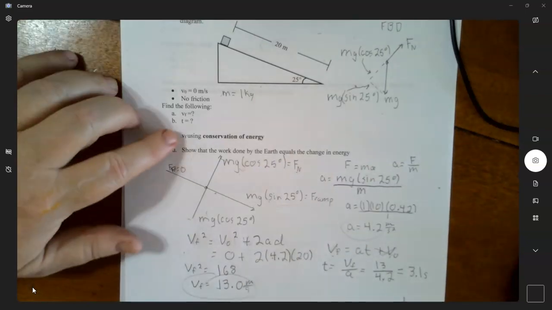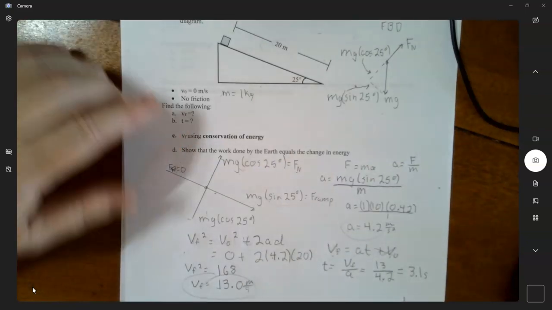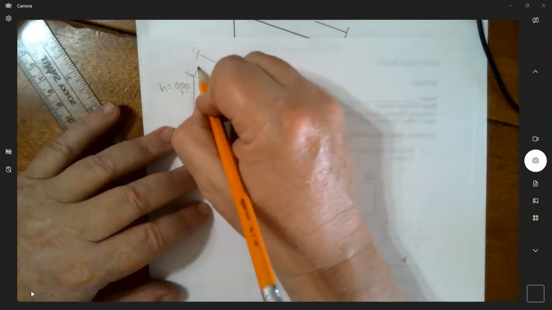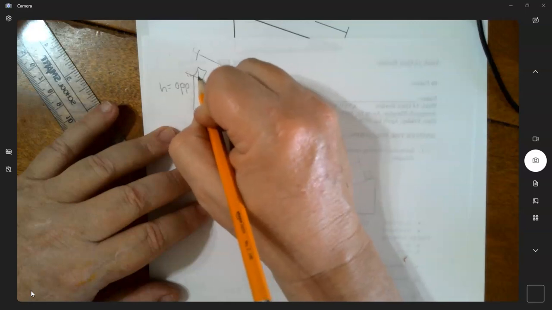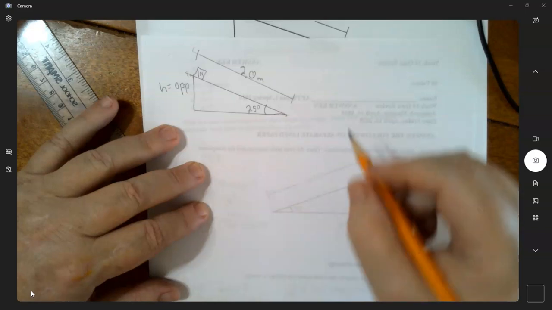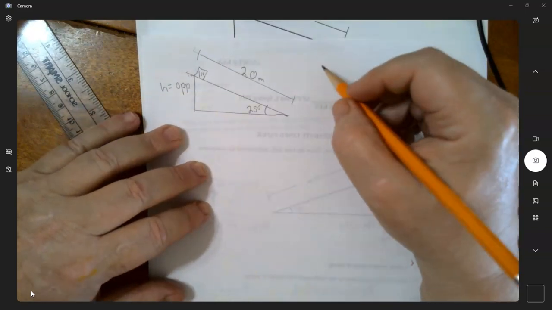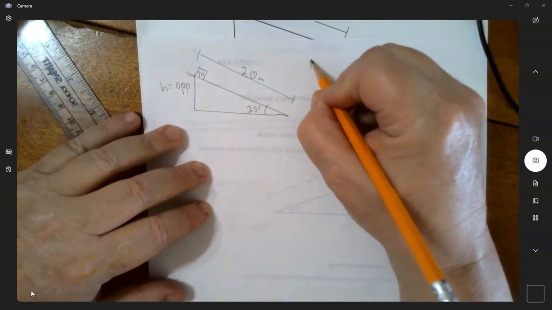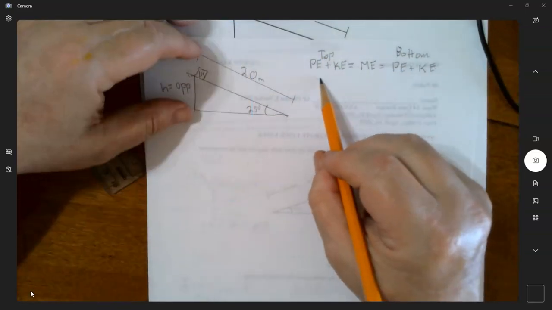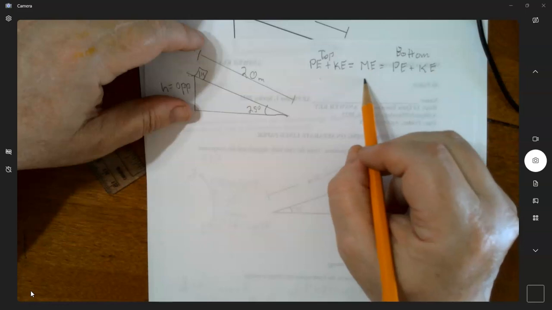Now next it says, find VF using conservation of energy. We know that the potential energy of the block, we're calling it a 1 kilogram block, at the top is equal to the kinetic energy at the bottom. This is the way I'd actually like you to write it: PE plus KE at the top gives you the mechanical energy.